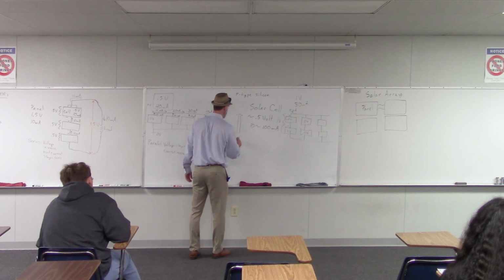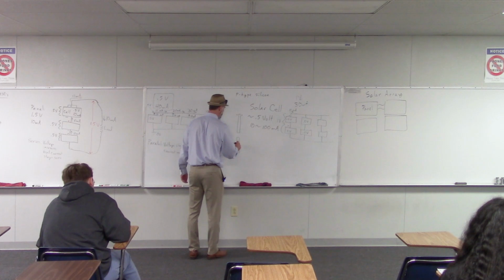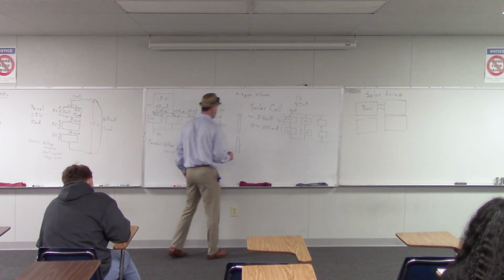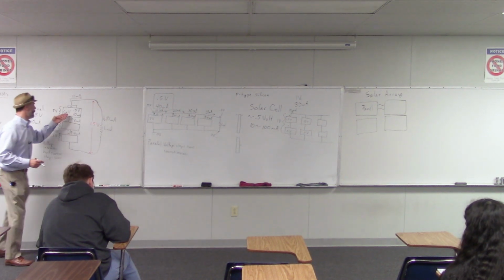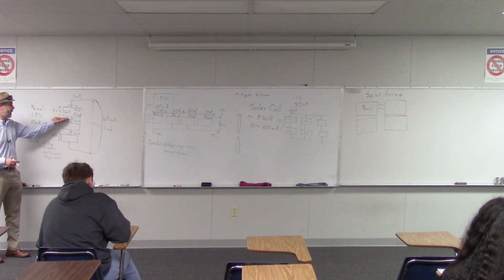Some of these cells are wired together in series. So remember, in order to be in series, the positive side of one cell has to be connected to the negative side of the other cell.